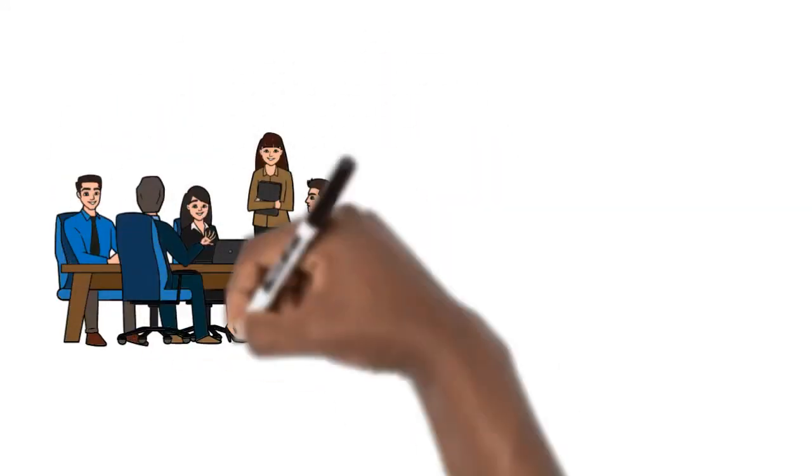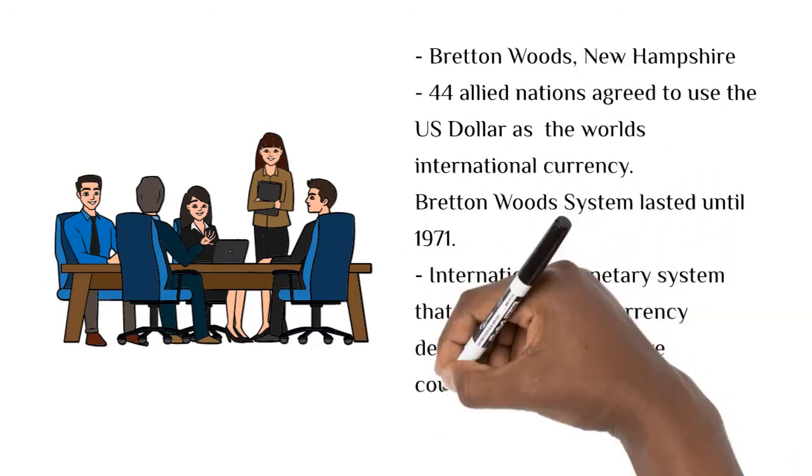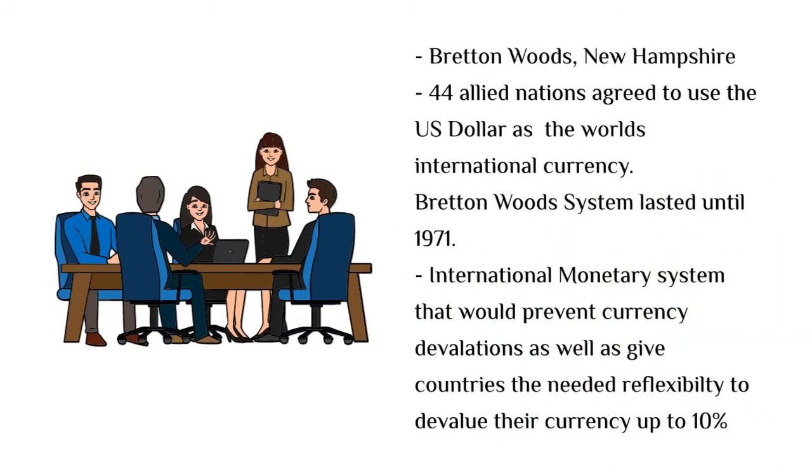Since so many monetary problems were attacking the gold standard they had in place at the time, the Allied countries, 44 of them in fact, along with the United States, all came together in Bretton Woods, New Hampshire. They sought to end the gold standard.